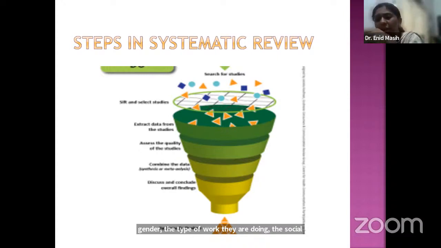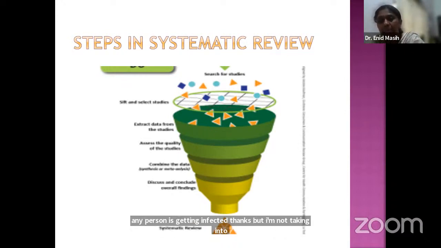But I might not be taking into consideration the family aspect, that if any problem is there in the family, the sleep pattern of a person might be affected because of that. I'm just explaining in very simple words.